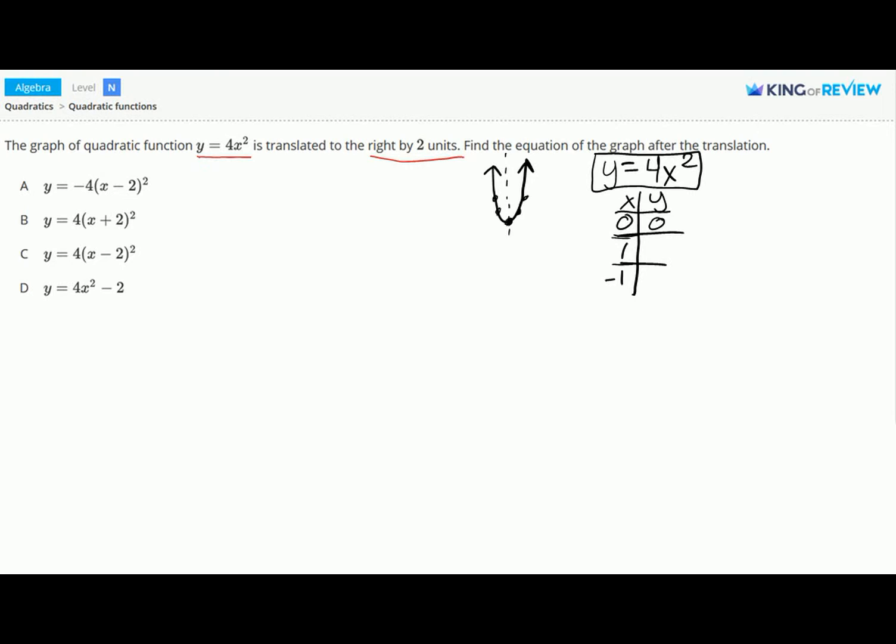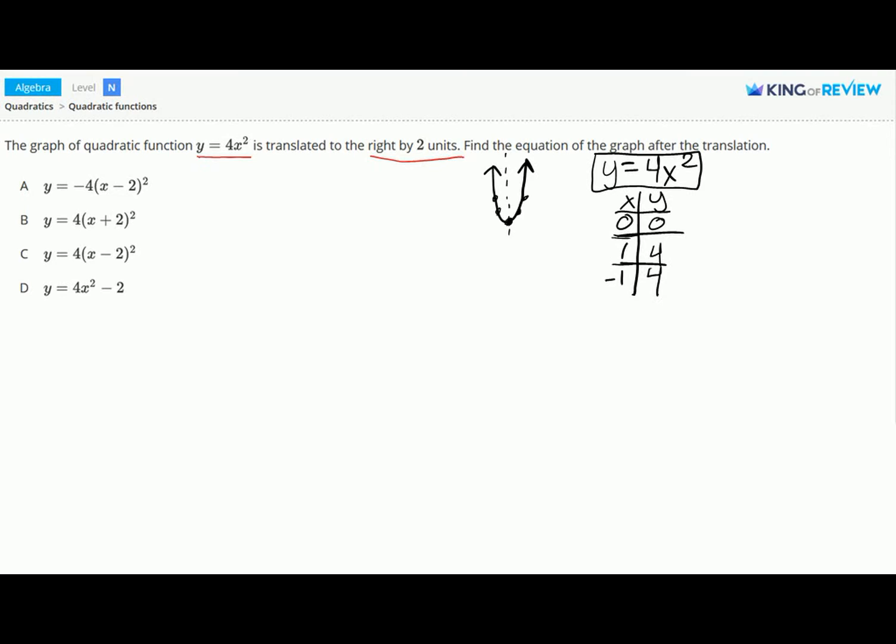When x equals 1, we have 4 times 1 squared. This equals 4. So the point 1, 4 is on our graph. And when x equals -1, we have 4 times -1 squared, which gives us the point -1, 4.